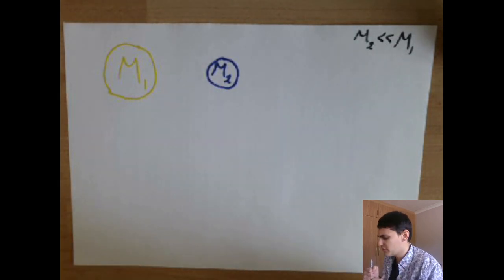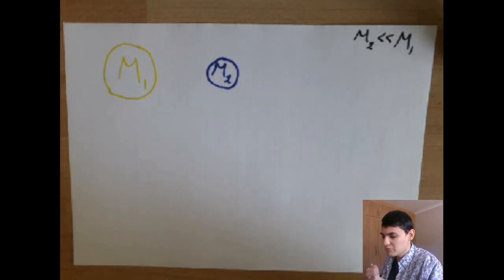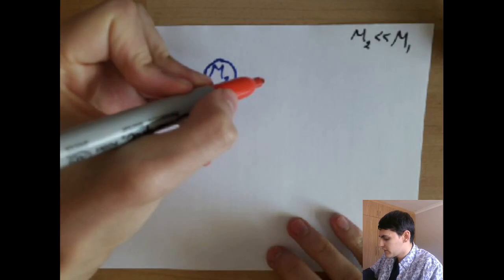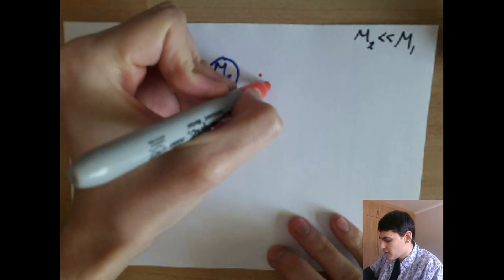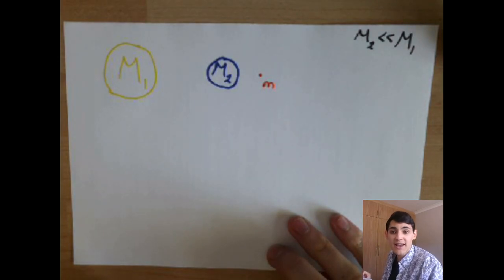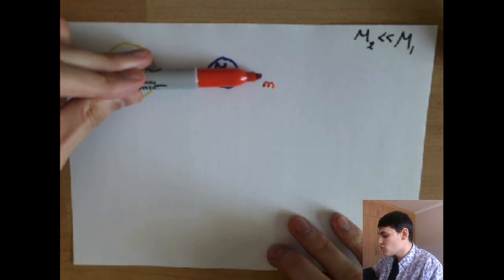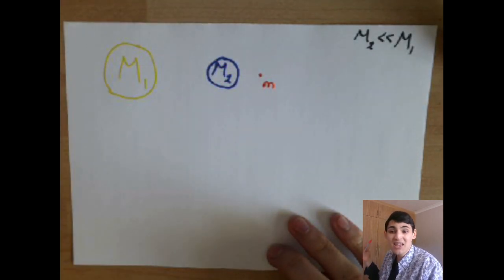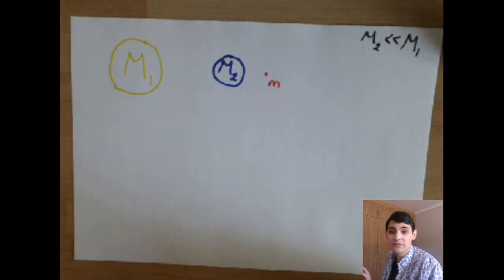I hope I've got that the right way round. And then finally, what do we want to do? We want to put some object, which I will put out here, let's say, of mass little m, such that its orbital period is the same as the orbital period of M2.